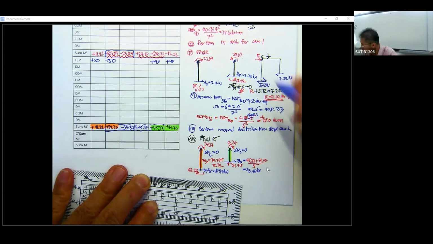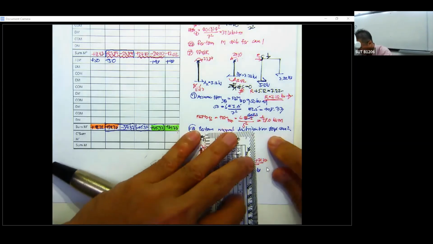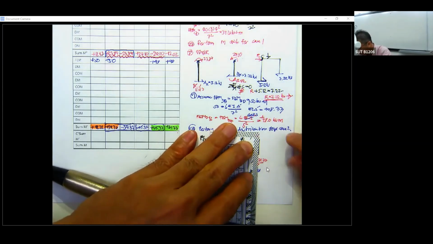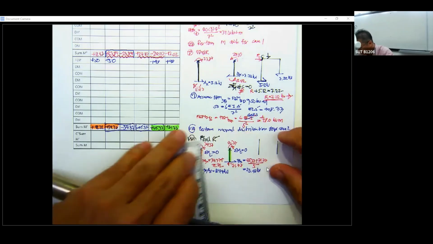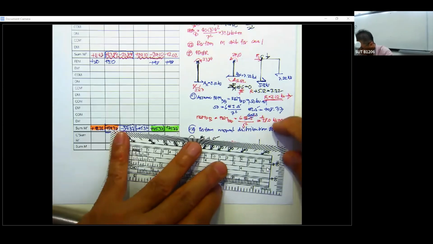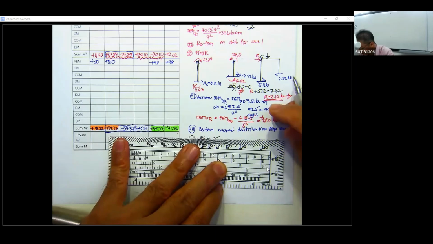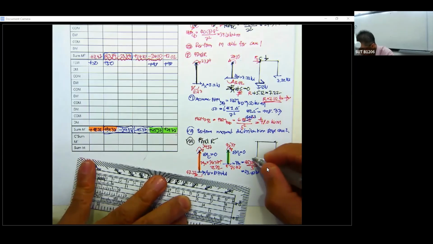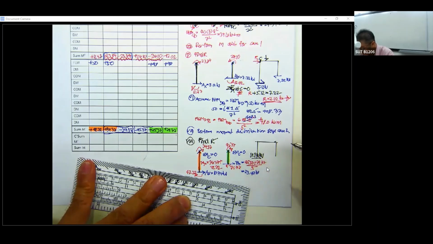Now you do the same thing as above. Just determine the R palm. You put the force into the column. Okay, this one will be 10.94 kilonewton, and this one will be 23.43 kilonewton, and then you require to determine the R palm here.